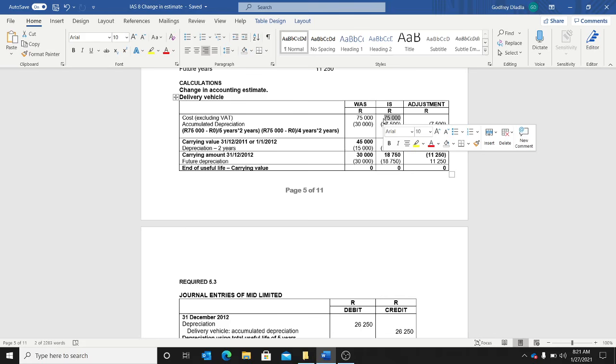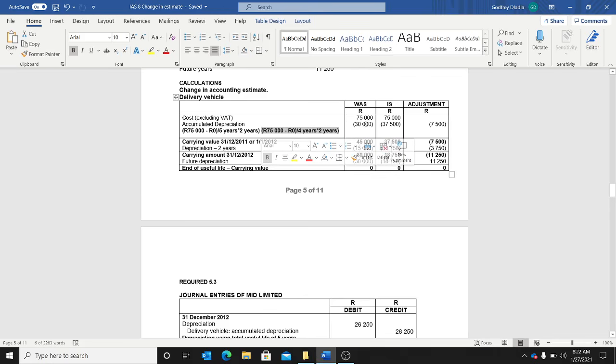So you divide that by 4, it gives you 18,750. Because it's 2 years, you times by 2, it gives you this 37 here. Right. So 75,000 divided by 4 times 2, which is what we've reflected here. You can see it's here. Will give you the 37. Right. For the 30, here's the calculation for the 30.